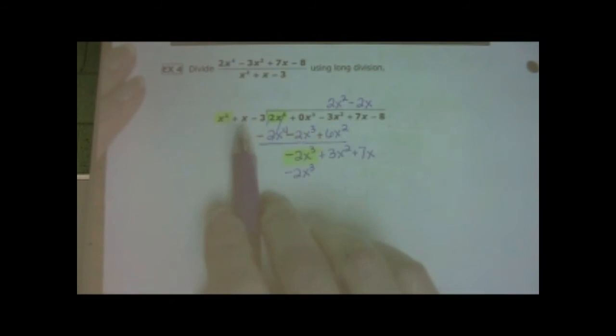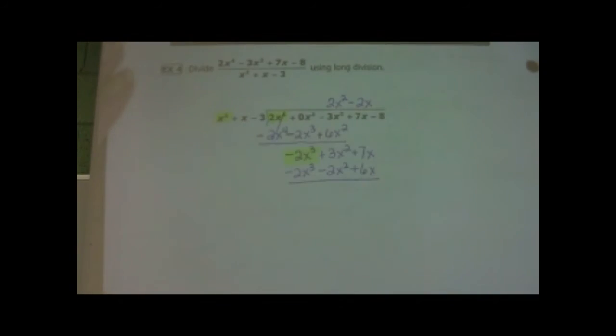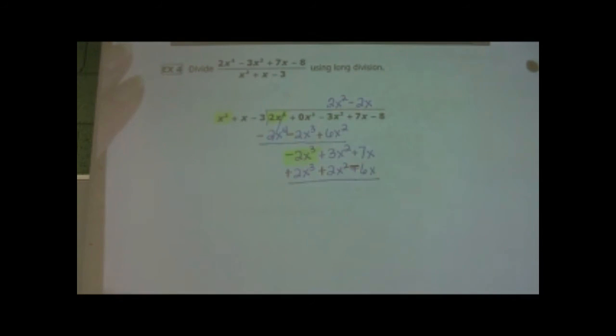Negative 2x times x is negative 2x squared. And negative 2x times negative 3 is plus 6x. Change all 3 signs. So this is a plus, this is a plus, and this is now a minus.